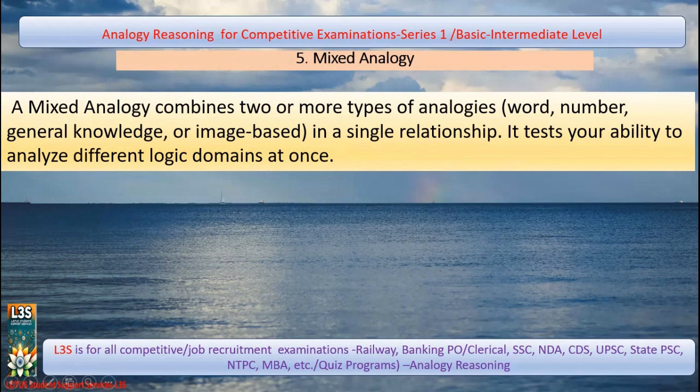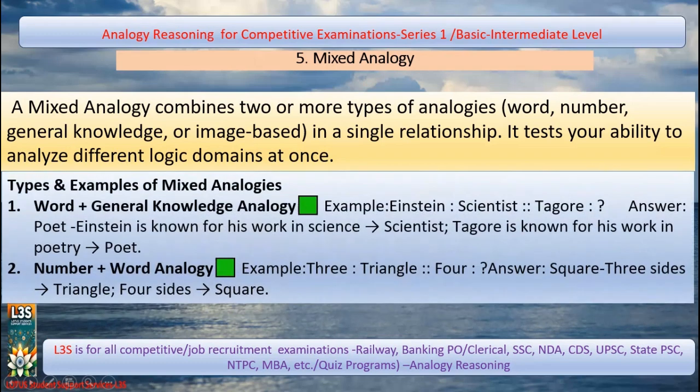Mixed analogy. A mixed analogy combines two or more types of analogies, word, number, general knowledge, or image-based, in a single relationship. It tests your ability to analyze different logic domains at once. About general knowledge analogy: Einstein is to scientist, then what will be Tagore?